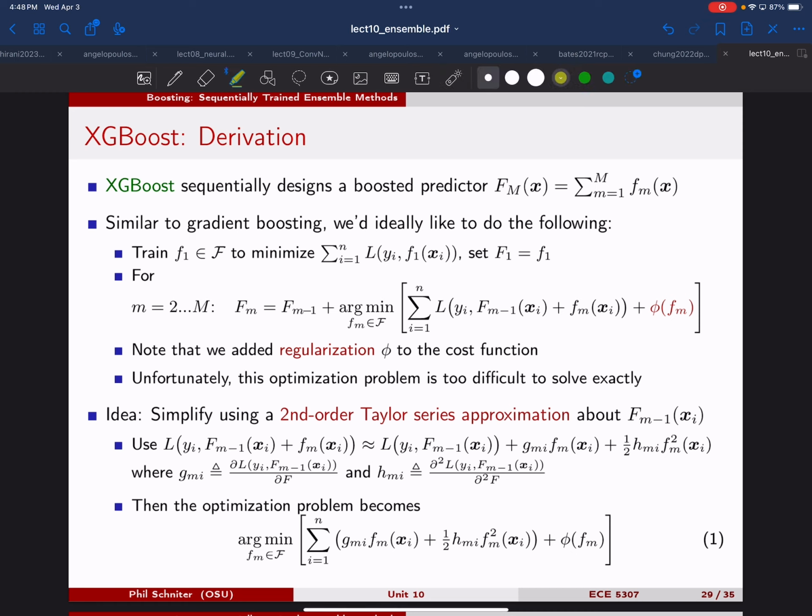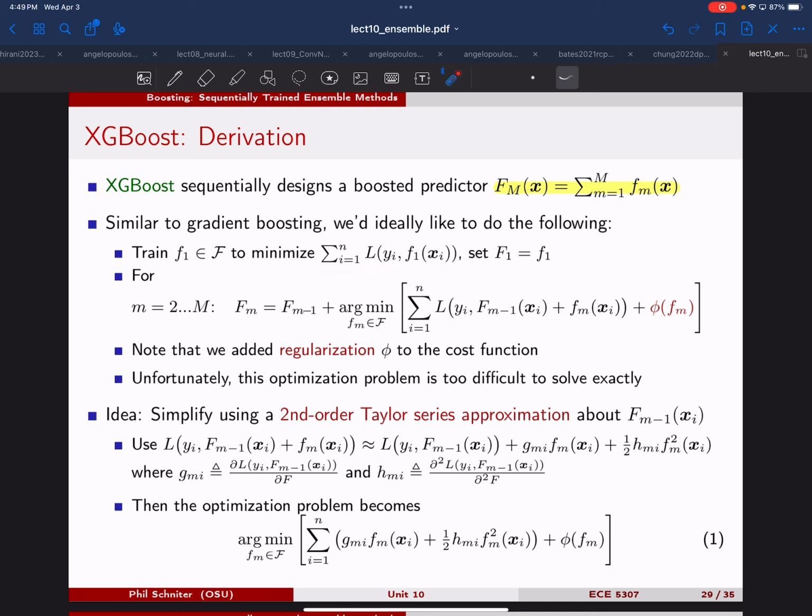So similar to gradient boosting, but even a little bit simpler. This is how we're going to do the boosted classifiers. It's the same as what we're doing, but there's no alpha m's. Or you could say the alpha m's are all equal to 1. Okay, so we don't have to worry about that. All right, so what we do, start by designing the first base model to minimize this loss.